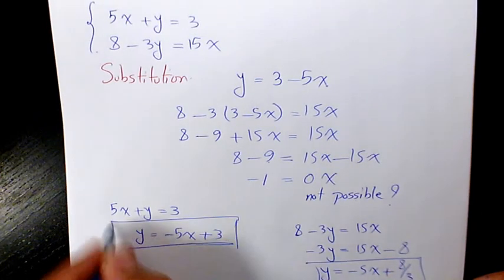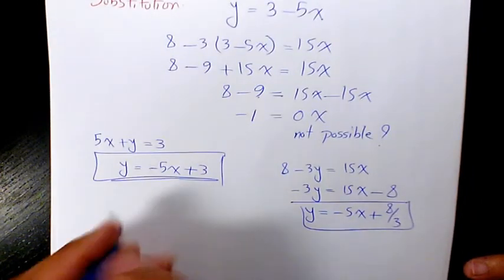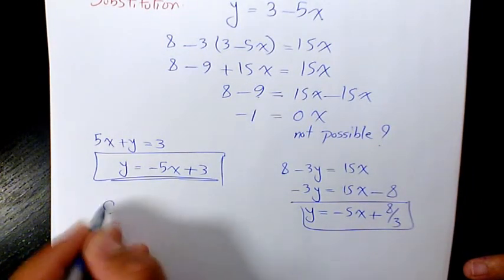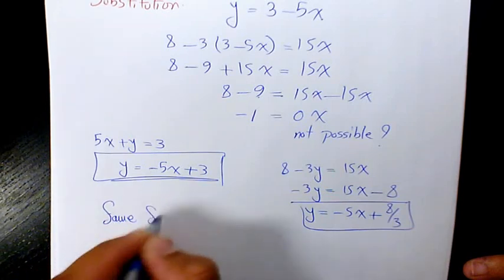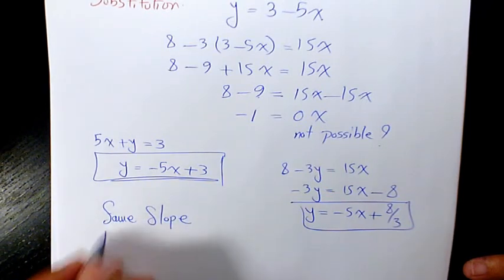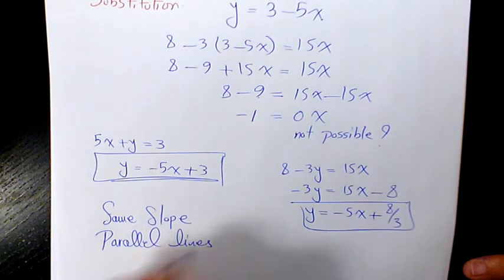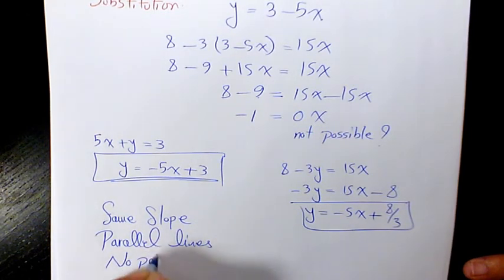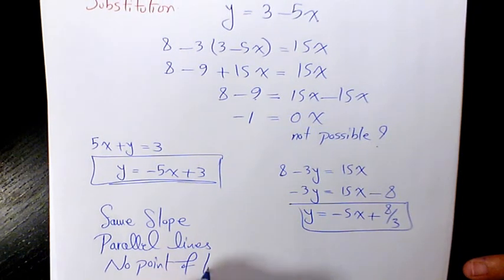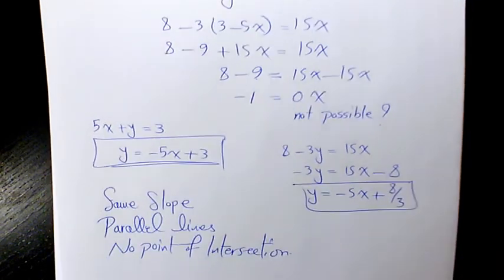You are right, these two lines are parallel because they have the same slope. Parallel lines, no point of intersection. So that's the final answer.